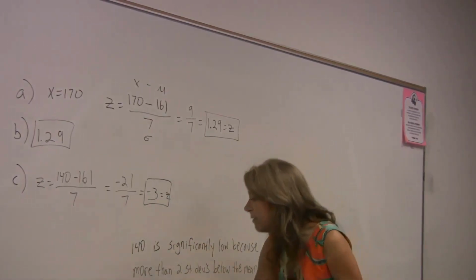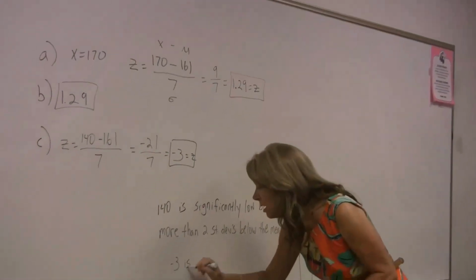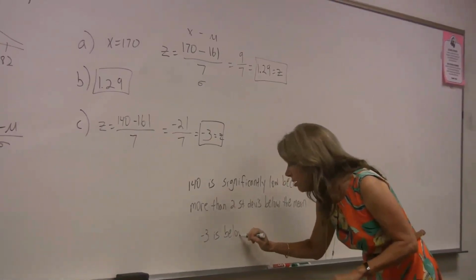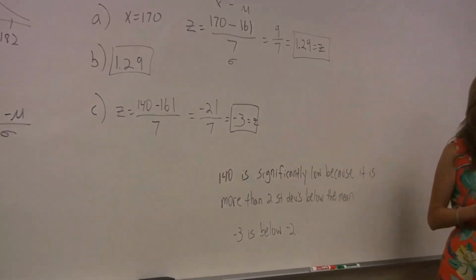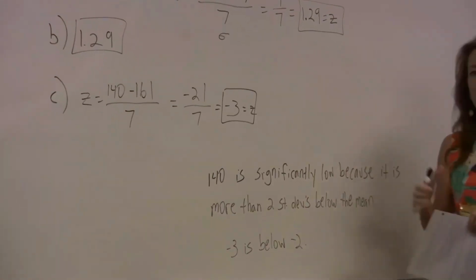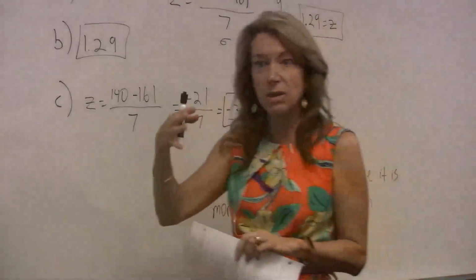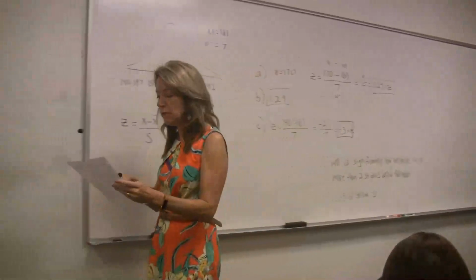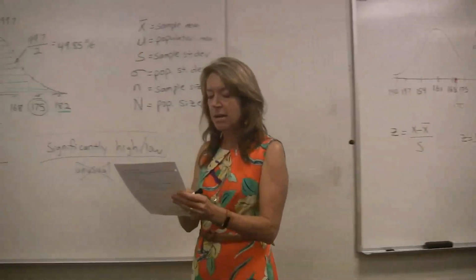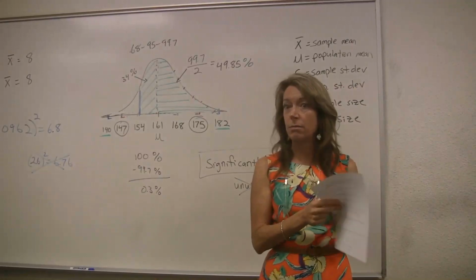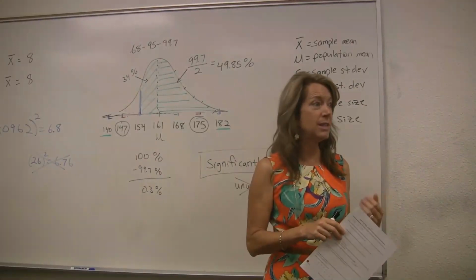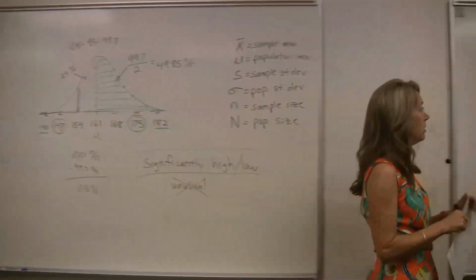So you could say -3 is below -2. That's really what we were doing. Remember, how many standard deviations away is the same as your z-score. So higher than +2 or lower than -2, more than 2 steps away, is significantly high or low.